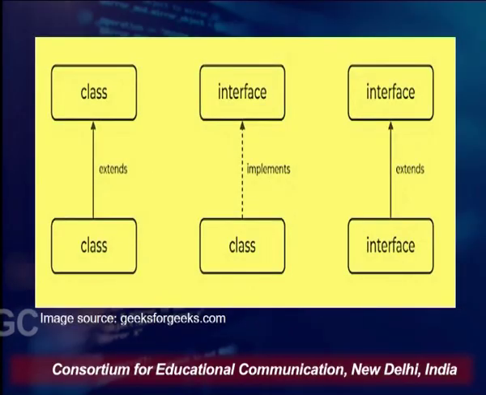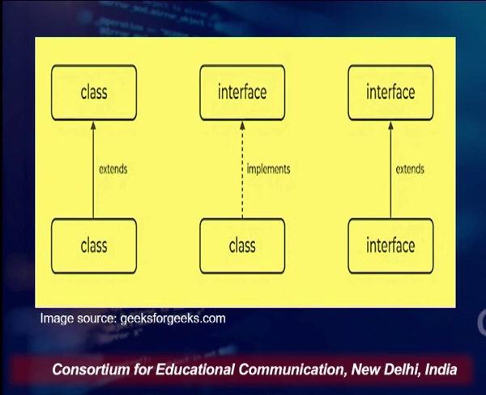And in order to understand these things, here is a figure. A class can extend another class, given on the leftmost side of the picture. You can see two rectangles representing the two classes. So, a class extends another class. Then a class can also implement an interface, and one interface can also extend another interface.